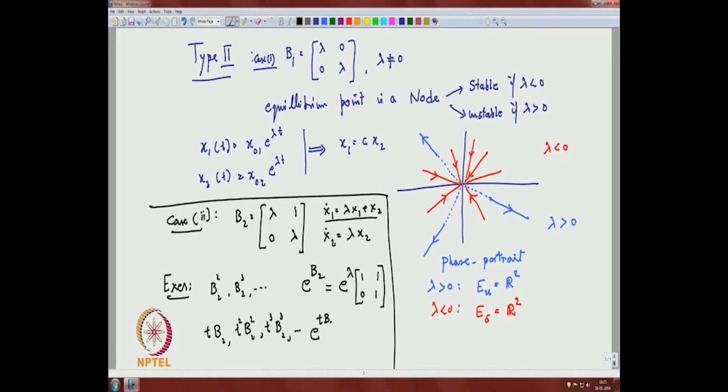This exercise is not hard, you just have to do it. You get e power T lambda times the matrix with 1 here, T here, 0 and 1 here. So, you can write down the solution immediately.